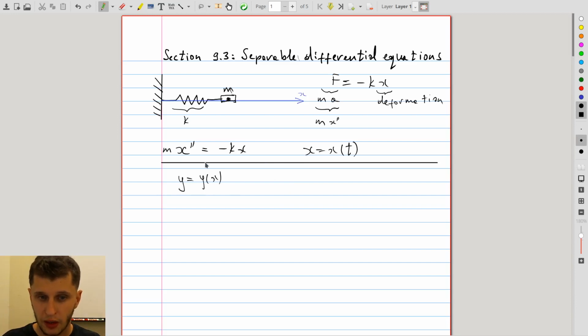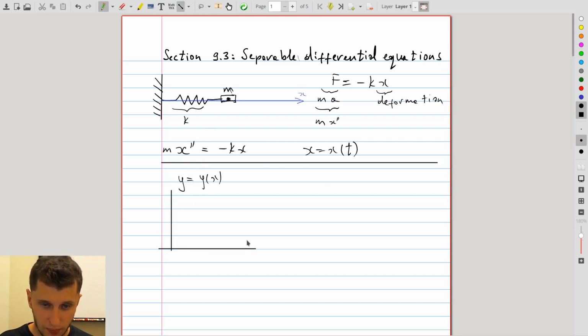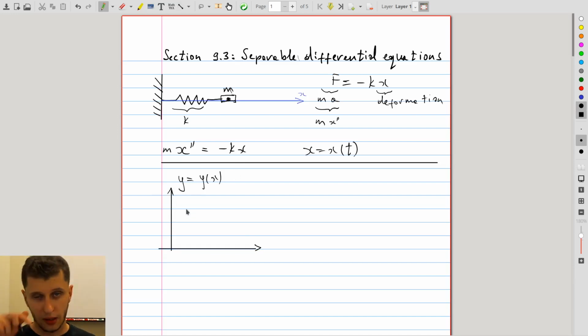Now for such a pair of variables, we want to think about the plane, the xy plane. And in this xy plane, we think of there being a direction, a vector of direction attached to every point x, y. Okay?